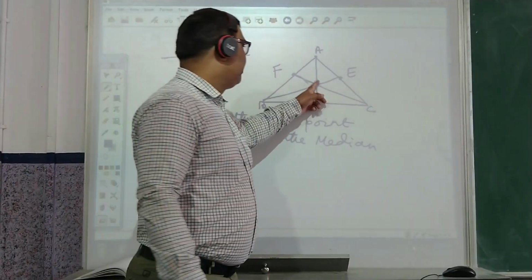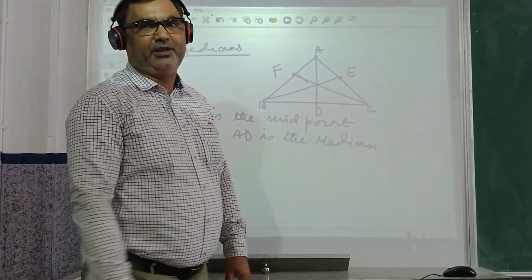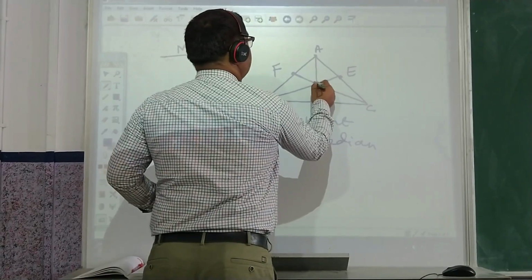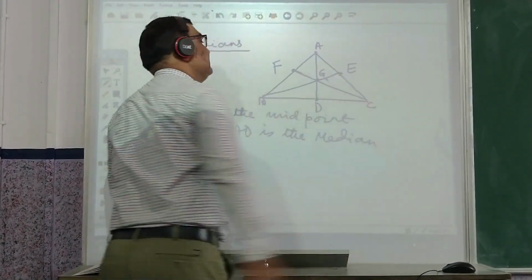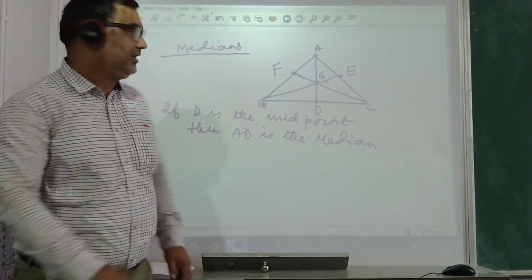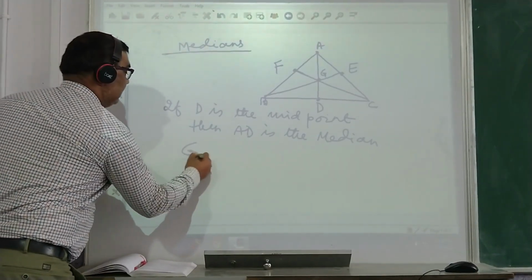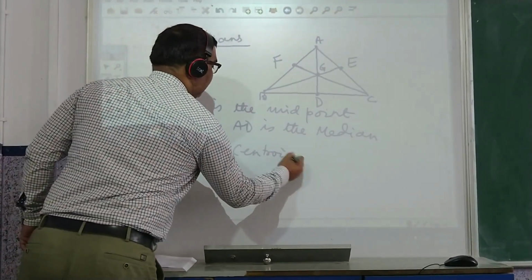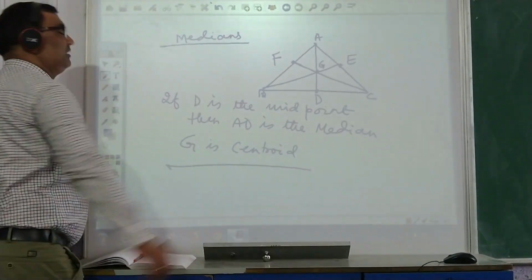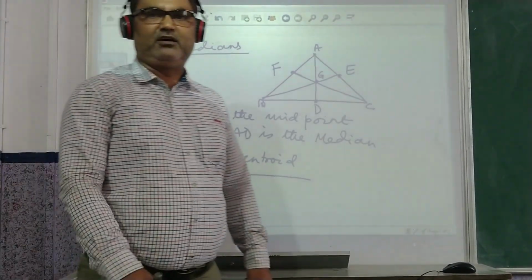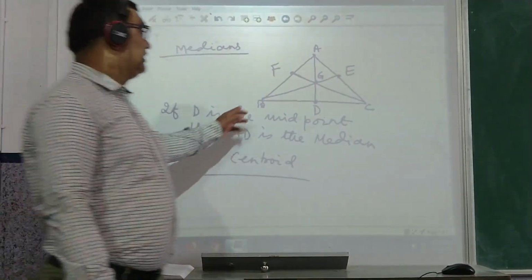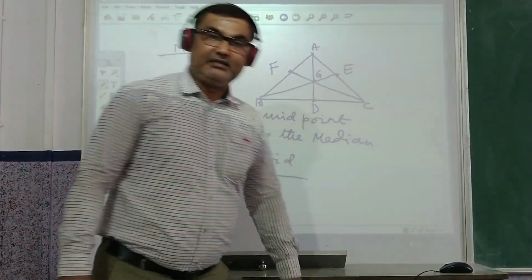Now we have the point of intersection of all the three medians. This point of intersection G is said to be the centroid. G is the centroid. And centroid means what? The point of intersection of all the three medians. Yes, all the medians are concurrent.